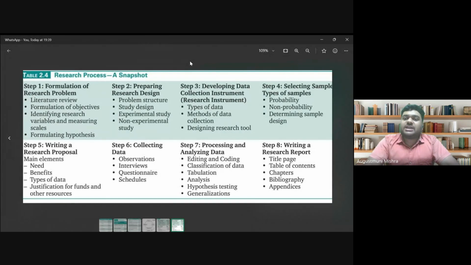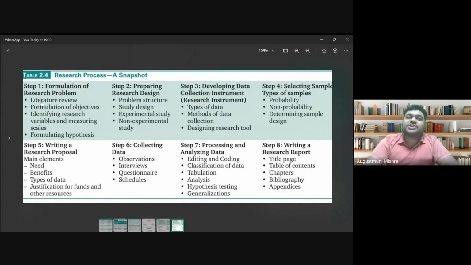So I was talking about structured and unstructured research. Whenever you are preparing structured research, you have particular steps. You start with the formulation of the research problem, and to find your research problem, you do a review of literature.